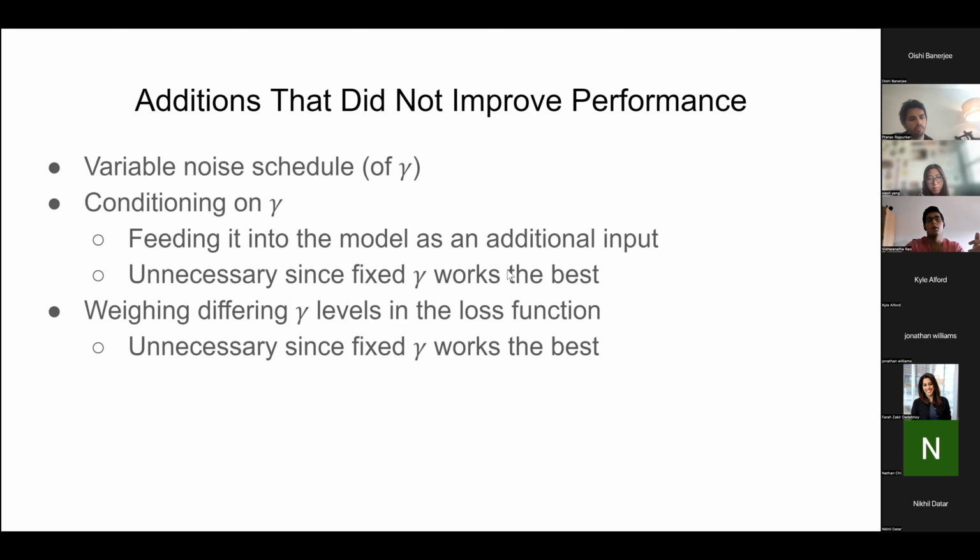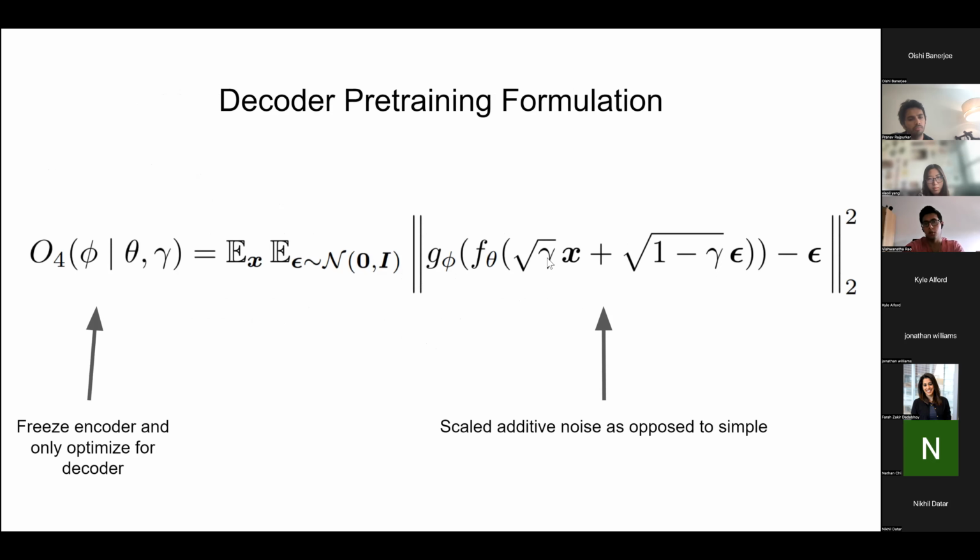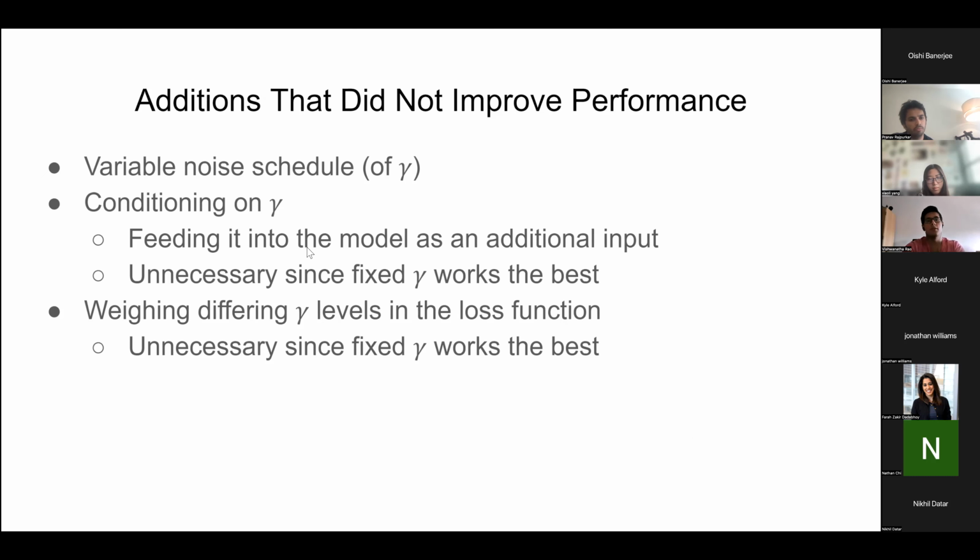So this gamma parameter that I mentioned earlier, which is how you scale the image versus the noise. They tried a variable noise schedule. They tried conditioning on it, which means passing it into the model as an additional input. And then finally, they tried weighing different levels of gamma in the actual loss function for each different level of gamma used. And they found that all of these were actually unnecessary since a fixed gamma works the best.